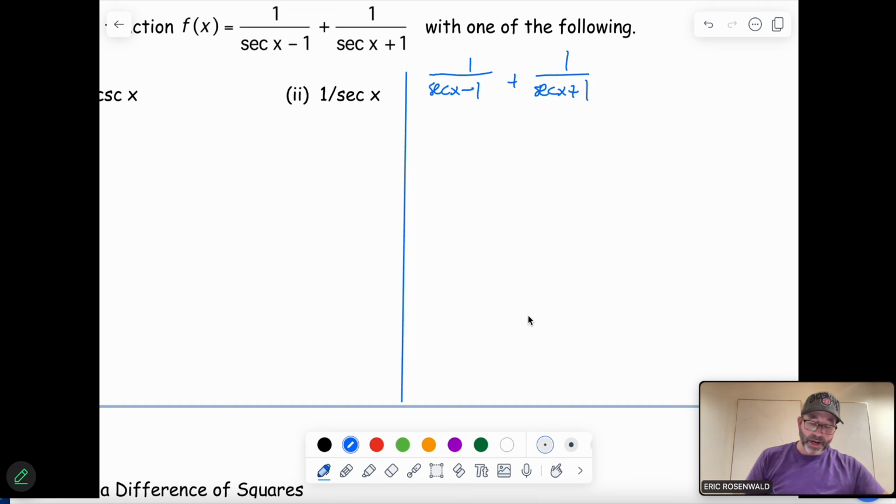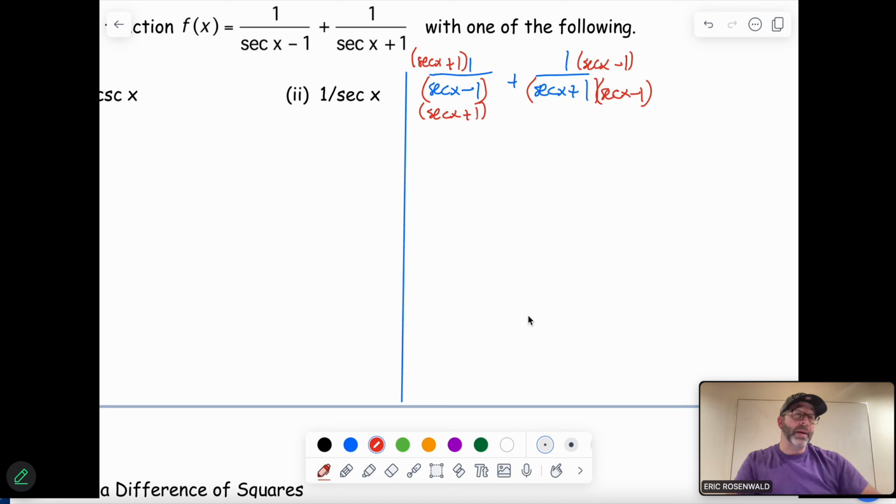Since I have separate fractions, what if we worked on trying to get the fractions to join up by using the other denominator that's in the part of the problem? So if we use a secant of x minus 1 and secant of x plus 1, whatever I put on the bottom, I have to put on the top. So we get secant of x plus 1 here and secant of x minus 1 here. And now my denominators match up with each other.